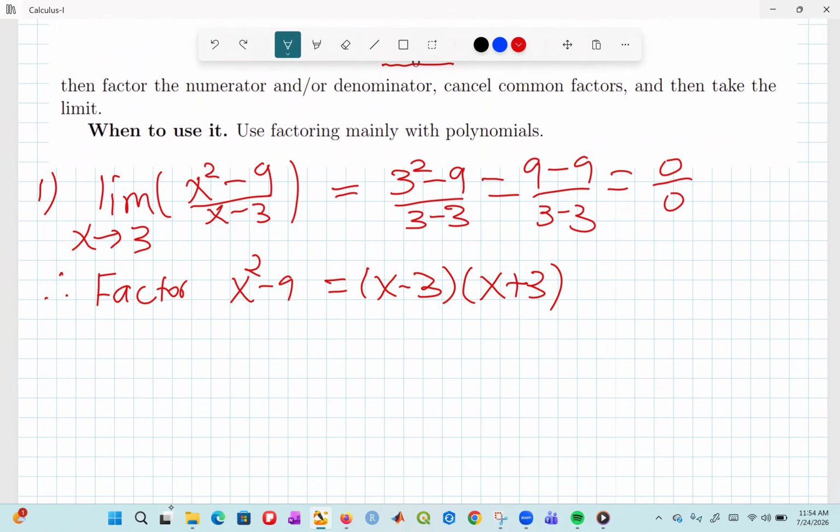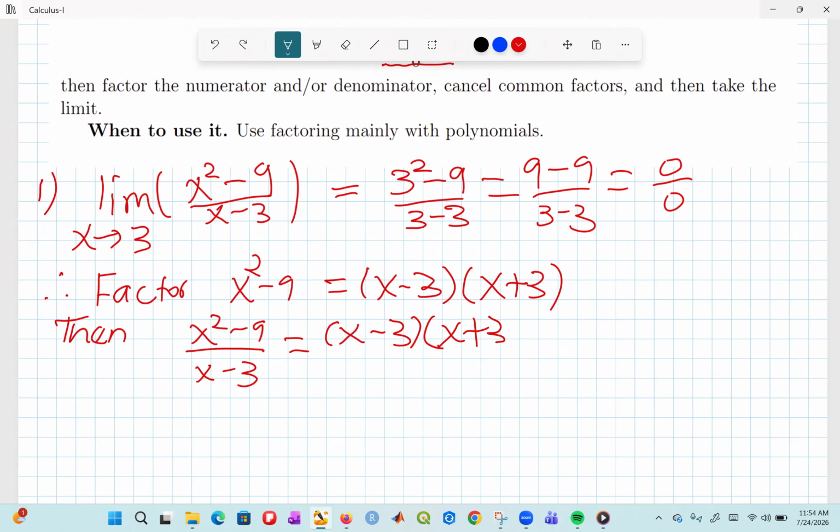Now we will have x squared minus 9 over x minus 3 equals x minus 3 times x plus 3 over x minus 3.